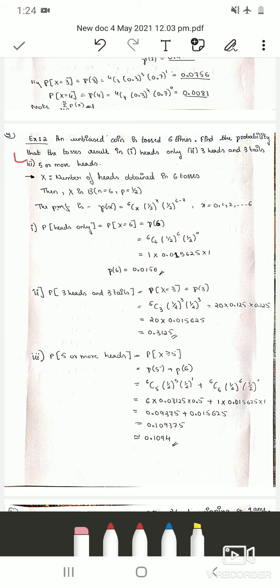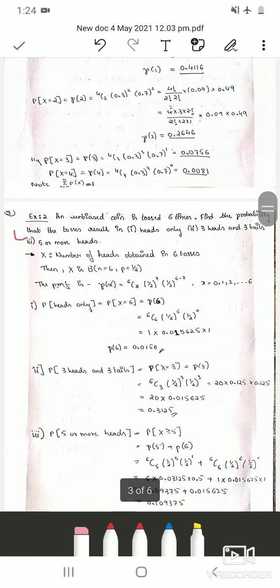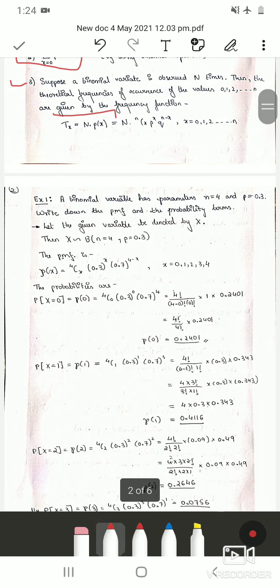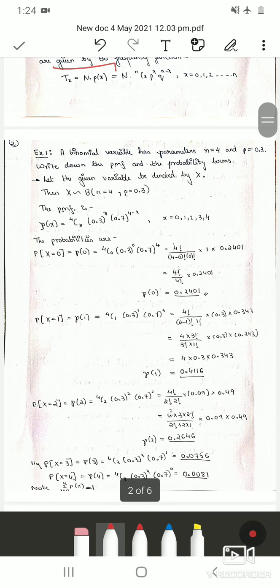So these are very easy problems only if you understand what is given and what is to be taken. So let us see the remaining problems in the next class, but I want you guys to not just listen to these videos, because this is a practical subject. Just by listening to the video won't help for sure. What you have to do is take down the problem and solve it each and every step.